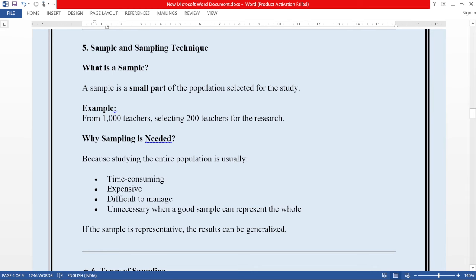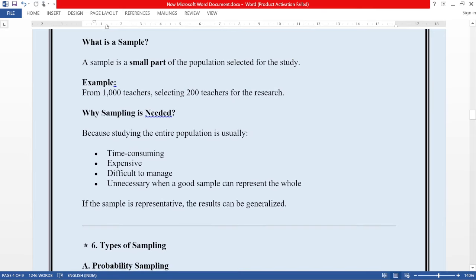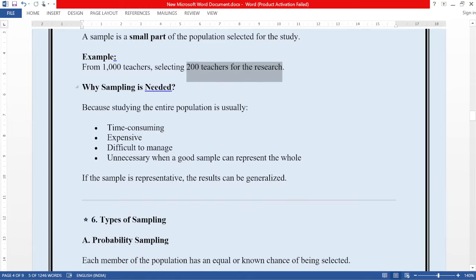Okay, a sample is a small part of population selected for the study. Example, from 1000 teachers, selecting 200 teachers for the research.